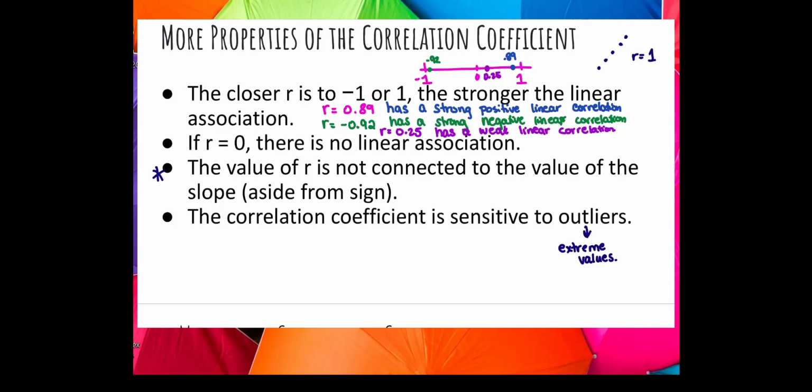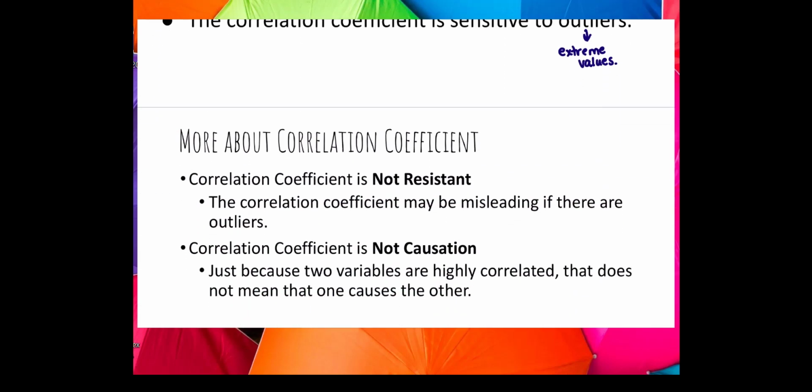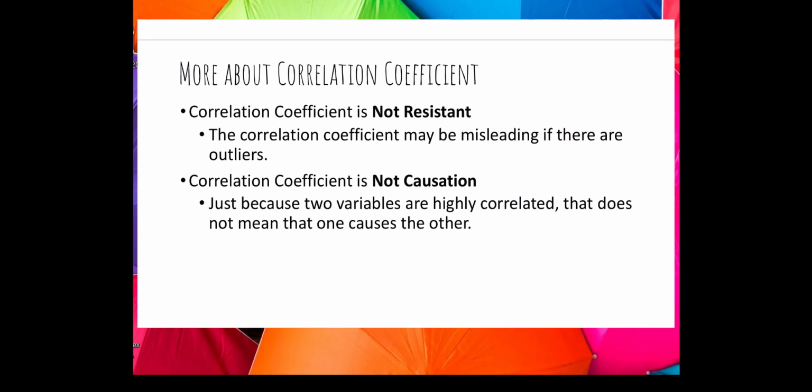All right. What else do we need to know? This is just reiterating what I just said in that last bullet point. When we say that a correlation coefficient is not resistant, that means that it is not resistant to those outliers.